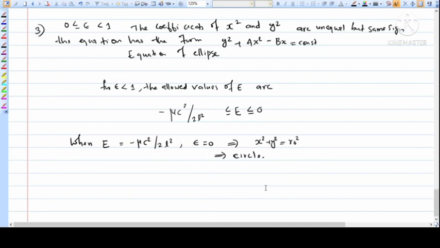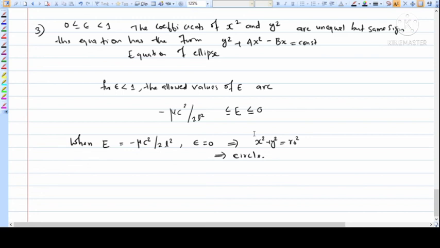You look at this equation for epsilon. You put the condition for epsilon less than 1, you will get minus mu c square by 2L square less than or equal to E less than or equal to 0. Then only epsilon will become less than 1.